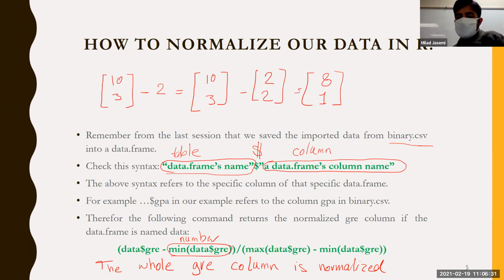That makes R super efficient for data mining and data analysis. So with just this command, all elements of column GRE are subtracted from that number that is the minimum, and a similar thing happens for the denominator, and it is normalized.